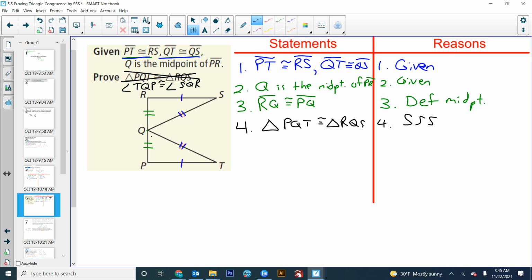Prove the angles Olivia was talking about are congruent. What changes in the proof? Jared. The next step would be CPCTC. Nailed it. I knew I could count on you, Jared.